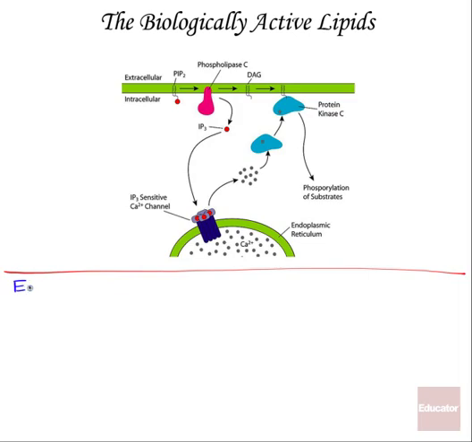Now let's talk about another class of biologically active lipids. They're called the eicosanoids. And what they are is paracrine hormones, and they act only on cells near, so that's what paracrine means.